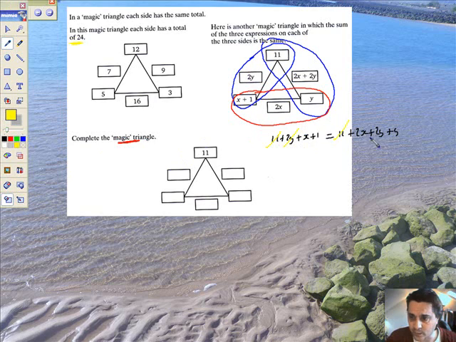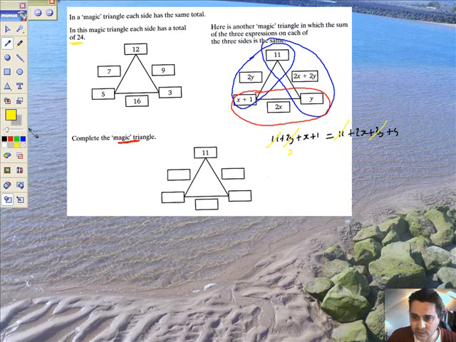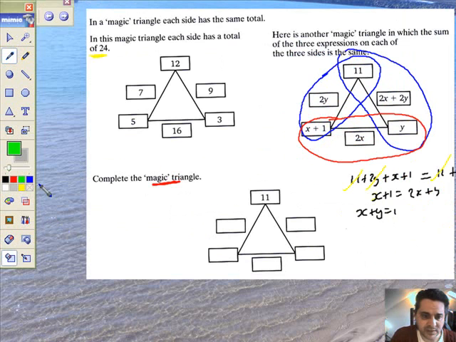So the 2y's can go with those 2y's, and I'm left with x plus 1 equals 2x plus y. If I lose the x to the other side, I've got x plus y equals 1. I just subtracted the x to the other side, it's gone. So that's one part of the simultaneous equation.